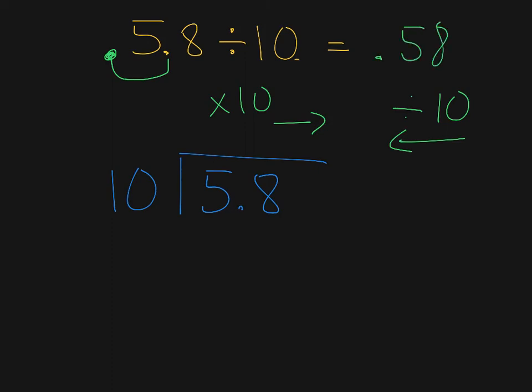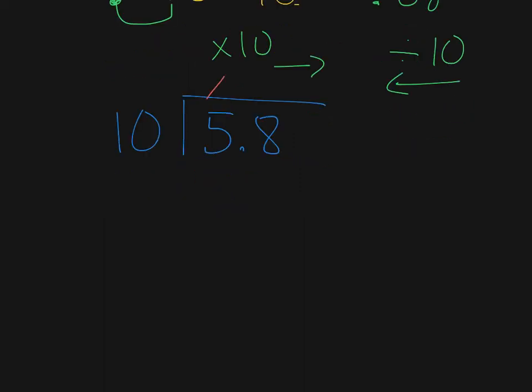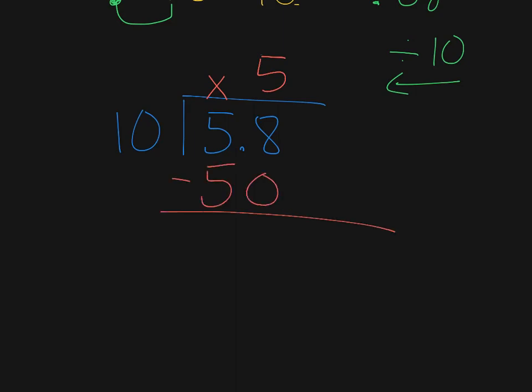And if you want to do it the longer way, you can still do it like this. You can just simply divide. I'm going to erase these up top so it doesn't distract us. So we can go ahead and divide normally. 10 cannot go into 5. 10 can go into 58 5 times, because that would be 50. 58 minus 50 is 8.